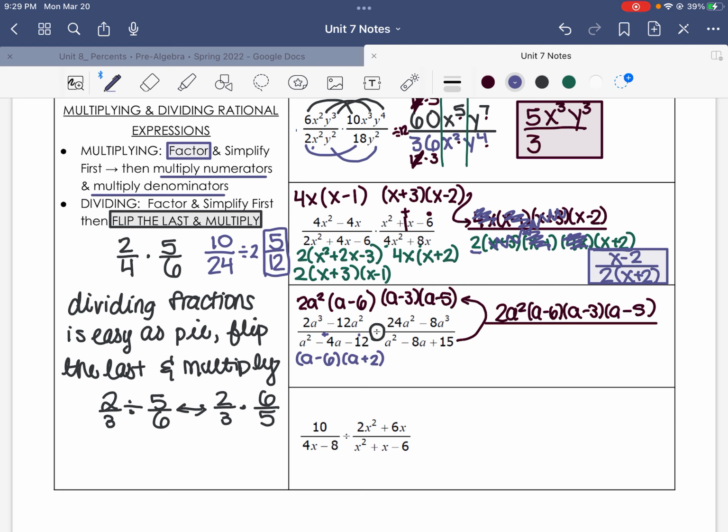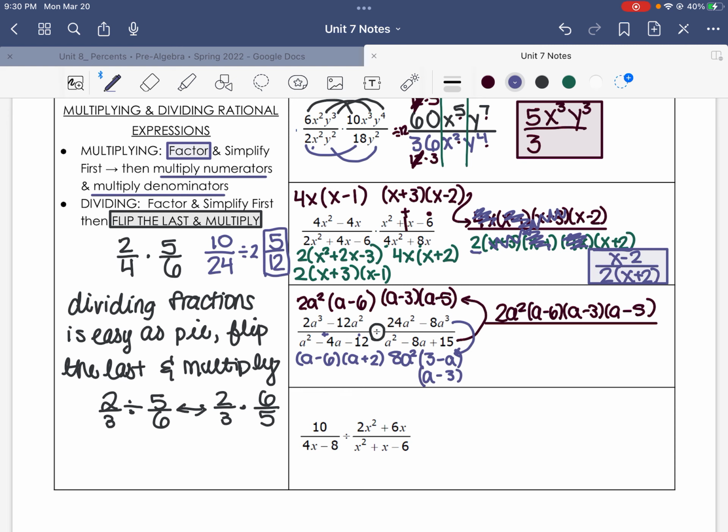And then on the right side, it's actually the top one being flipped to the bottom. 24 and 8 can both be divided by 8, and they both have an a squared, which leaves me with 3 minus a. But I don't want to leave it like that because otherwise I won't be able to find its match. So what I'm going to do is switch it to a minus 3.